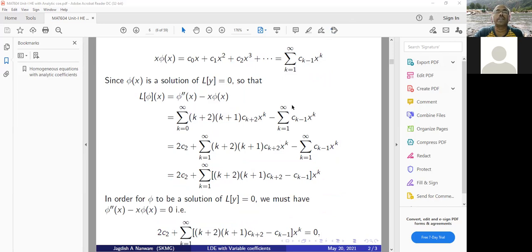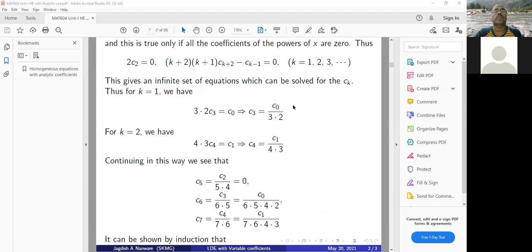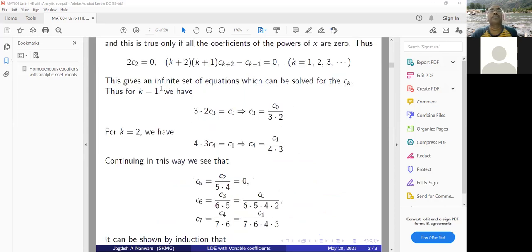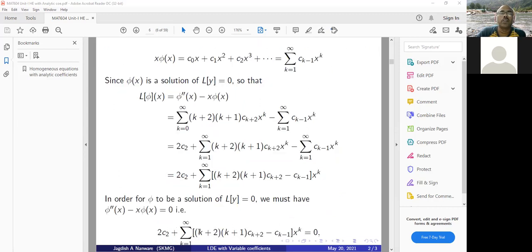So we have this final expression, keep in mind. Now, this above expression is 0. When this will be 0, either this first term is 0, means 2c2 is 0, or this term is 0, right?